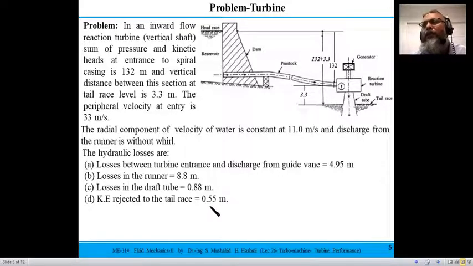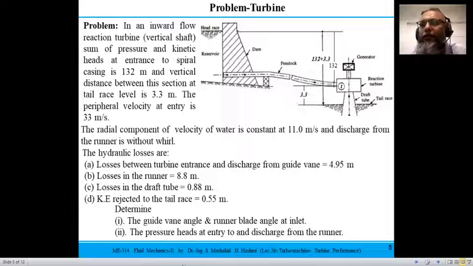So the head associated with that energy would be 0.55 meter head, that is the energy by which the water would be flowing in the downstream side, otherwise all the water would be accumulated here. So this is the problem which is given here, and what to work out?